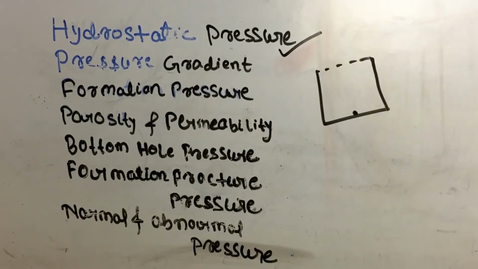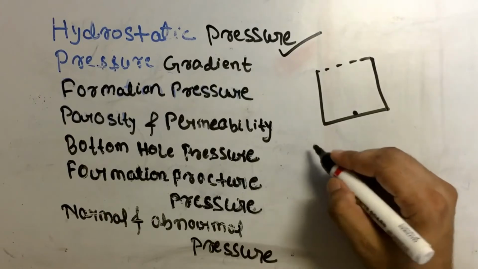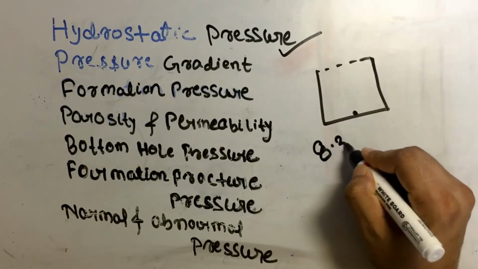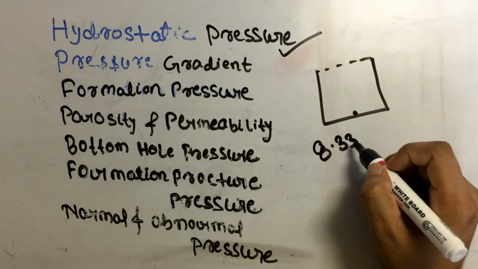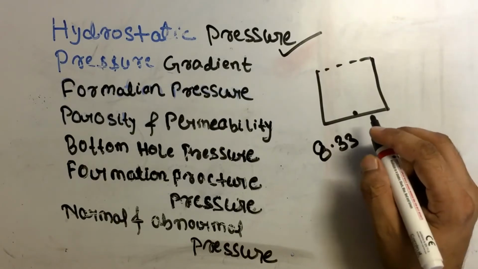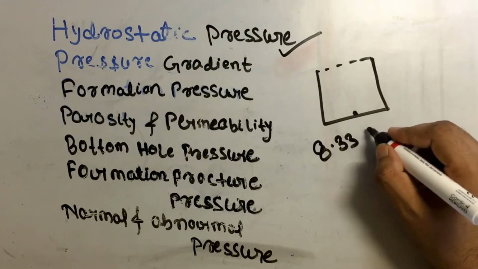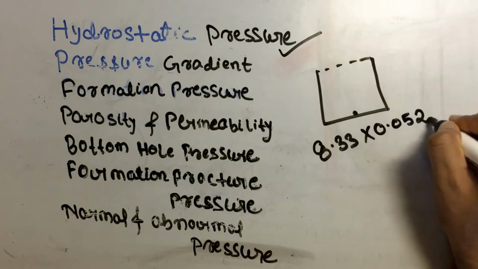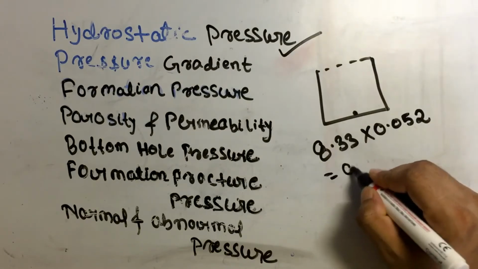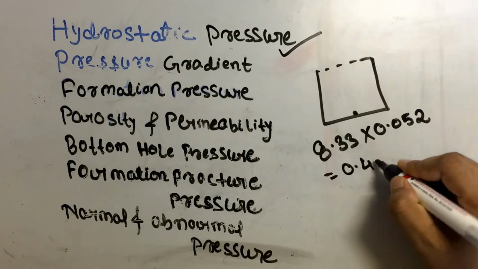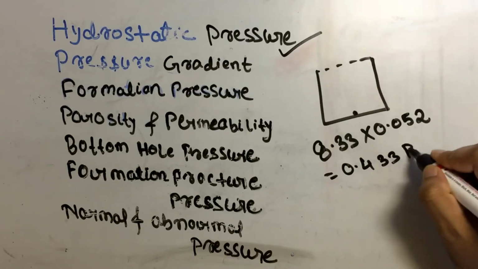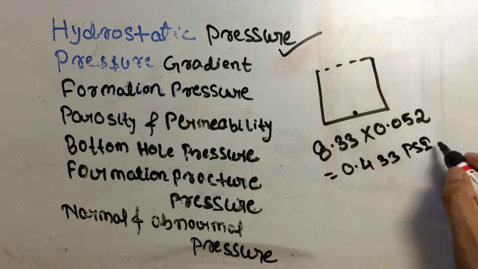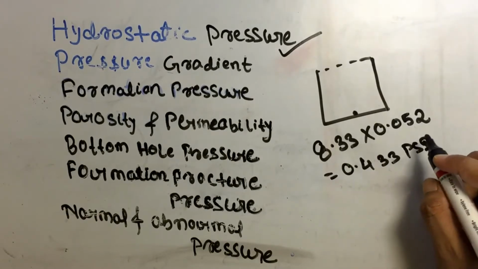If you want to calculate the pressure gradient of fresh water, simply multiply 8.33, the weight of fresh water in ppg, by 0.052, and you will find 0.433 psi per foot. This is the pressure gradient of fresh water.